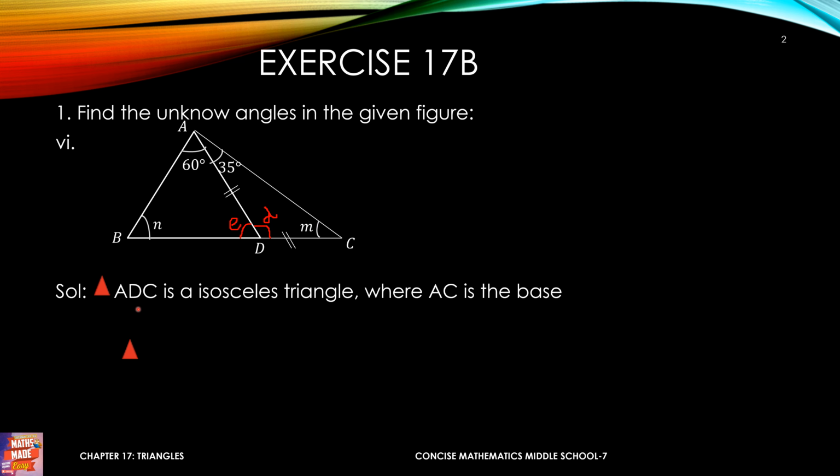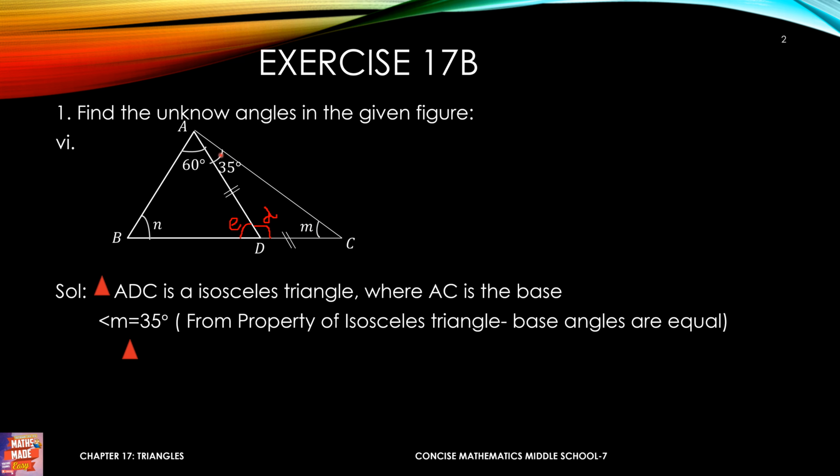Here, just consider this ADC. I am considering this triangle is an isosceles triangle, as I said, because they have marked it with the two parallel lines which indicates it is an isosceles triangle, and AC is the base. This is the unequal side. So this is called the base, and towards this base, right and left, an angle is formed.